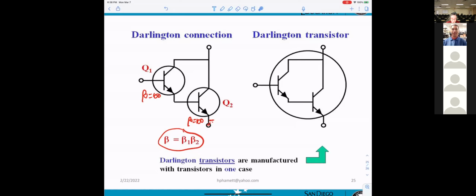They just show you, you can do it easily: get two transistors, make a connection, then you get a Darlington. However, you can buy the package, which means they build it inside the package. Darlington transistors are manufactured with two transistors in one case. This is separately built; this is already built in one IC.